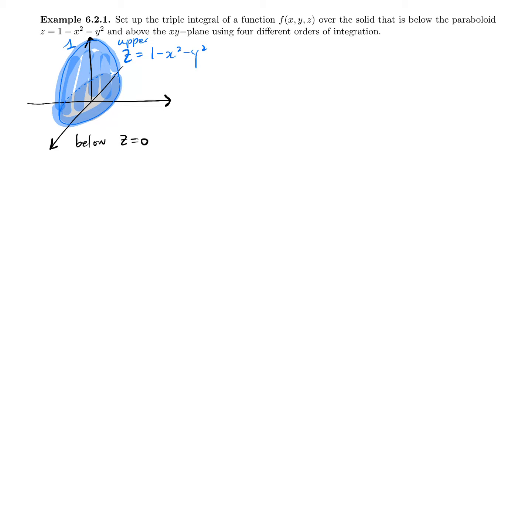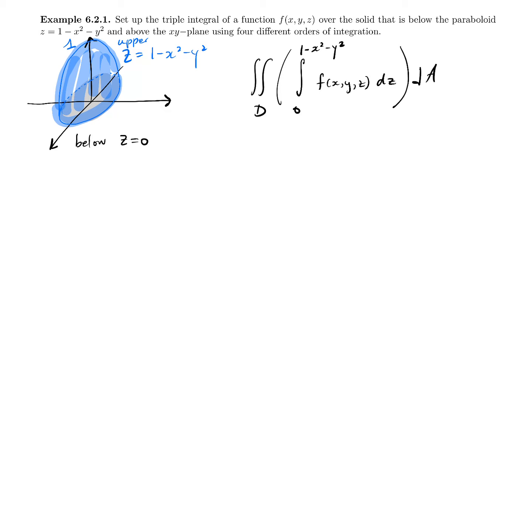So using the triple integral formula from the previous video, we're going to go from z equals 0 to 1 minus x squared minus y squared of whatever function this is, f of x, y, z, dz, and then integrate this over some shadow region D, dA, and that shadow region is down in the xy plane.